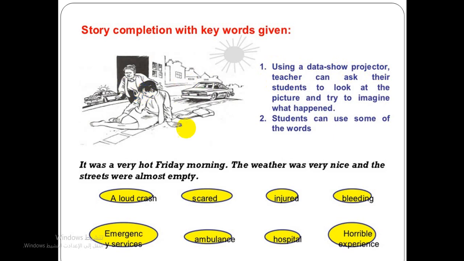Students can use some of the words here, as you see in the yellow color. Here the situation: it was a very hot Friday morning. The weather was very nice and the streets were almost empty. So here, the students can complete the story by using these key words.